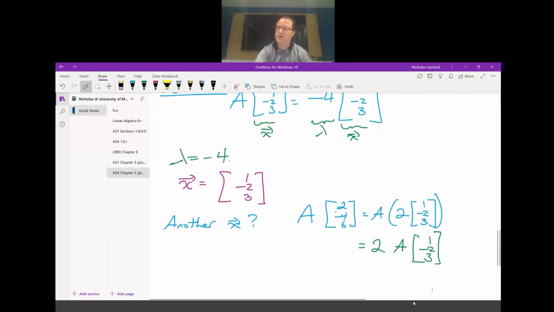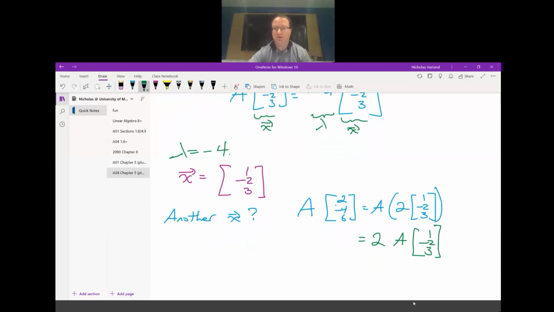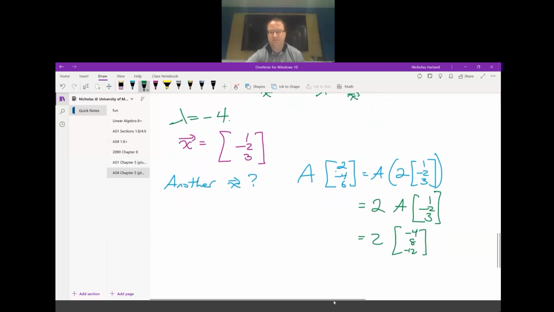We're finding out A times this new matrix. So we're not dividing 2 on both sides. But we can factor it out of the matrix. That's a matrix property. And this is 2 times, what were we given in the question? (-4, 8, -12). So that's (-8, 16, -24).